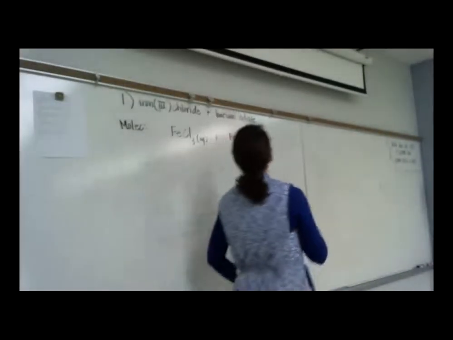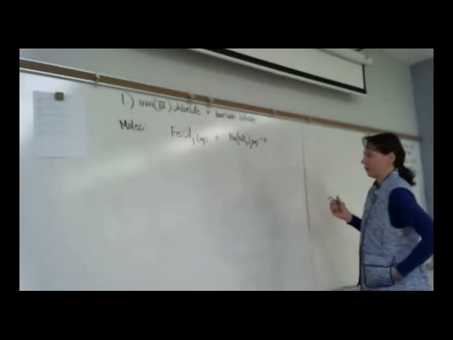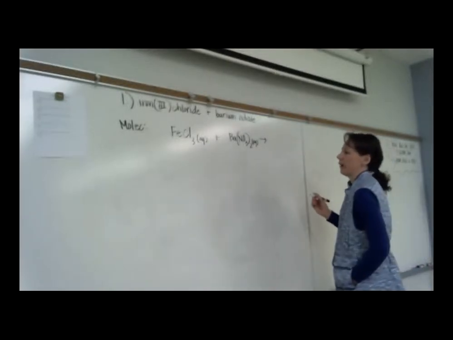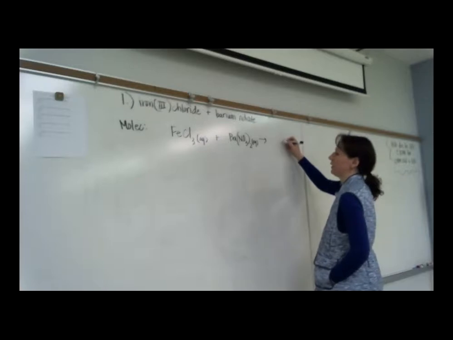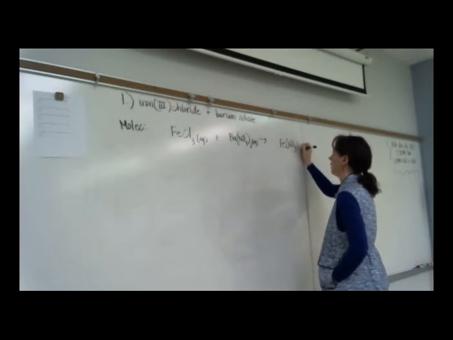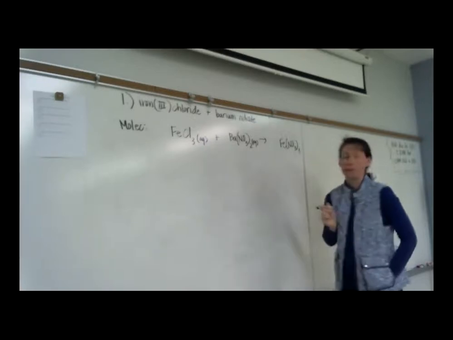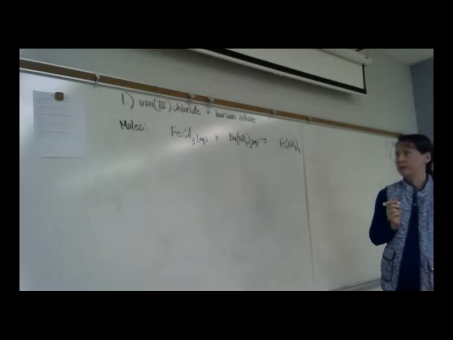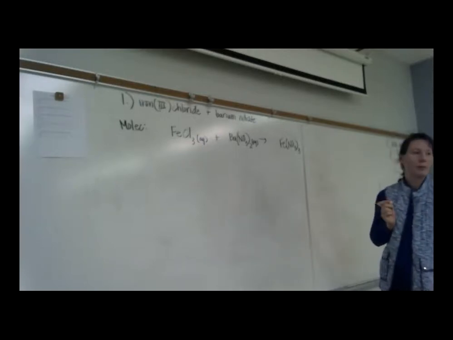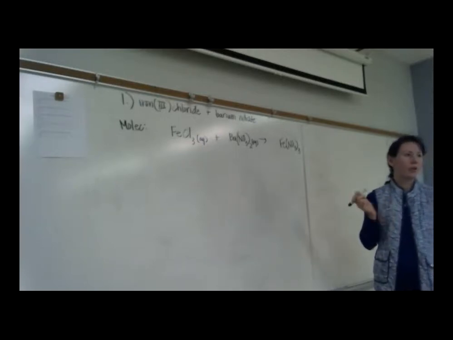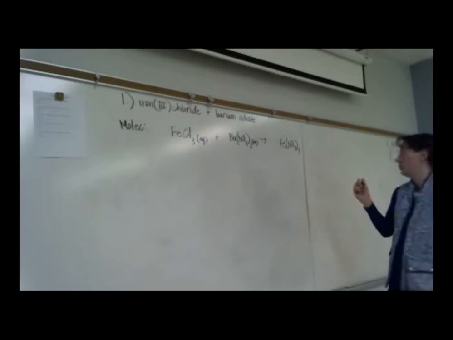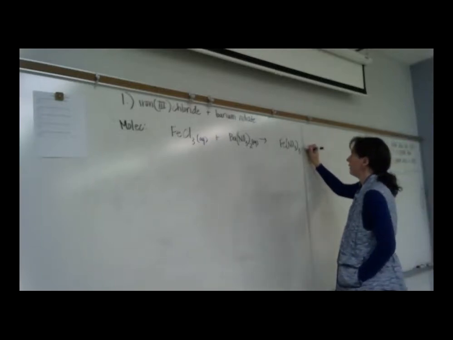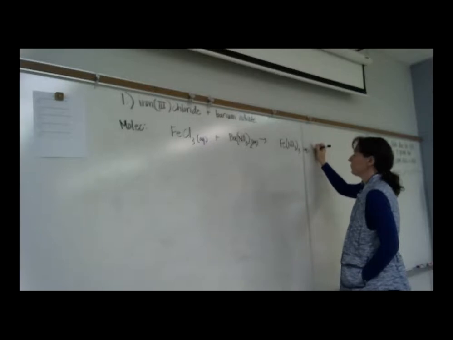And so this is a double displacement reaction, right? So I'll get iron 3 nitrate, so that would be Fe(NO3)3. Is that soluble or is that insoluble? Look at your rules. All nitrates are soluble. So what subscript does it get? aq.